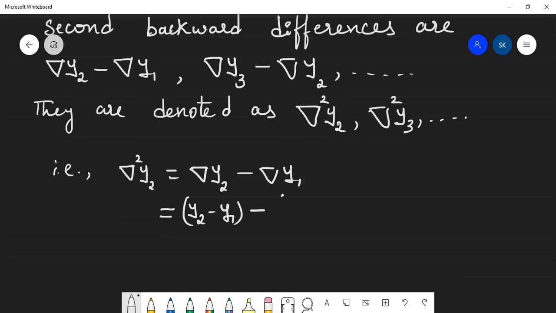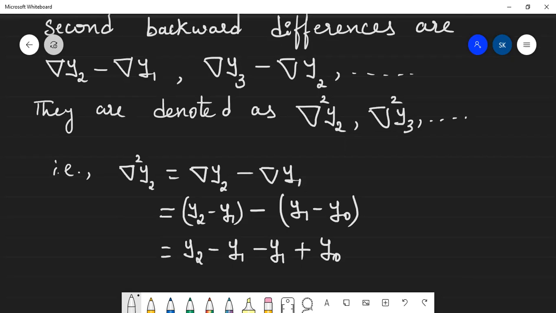Minus, what is backward delta y1? It will be y1 minus y0. So shall we simplify this? We'll get y2 minus y1 minus y1 plus y0. So this value is y2 minus 2y1 plus y0.